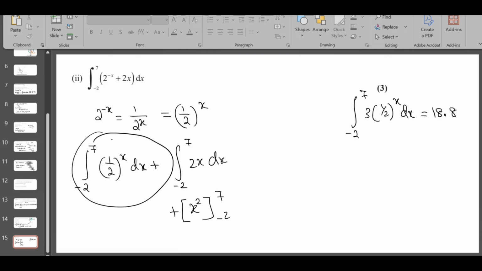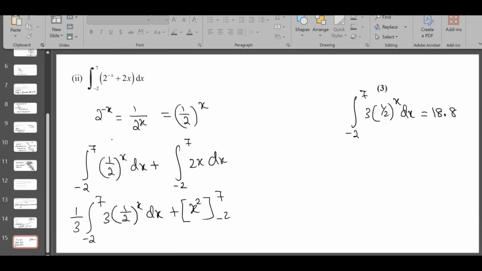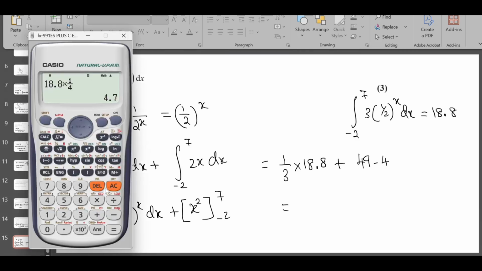For the first one, to use this value, we need to have 3 there, right? So I'm going to divide this and multiply by 3: 3 times half power x dx. So I can write it as 1 over 3 times the value from part A, plus here x square, 7 square minus 2 square.